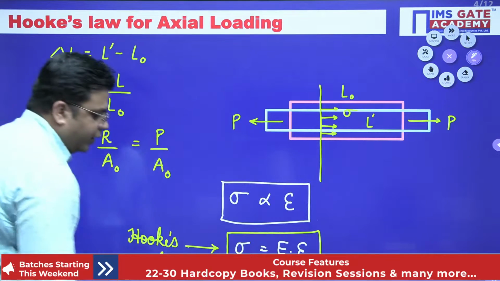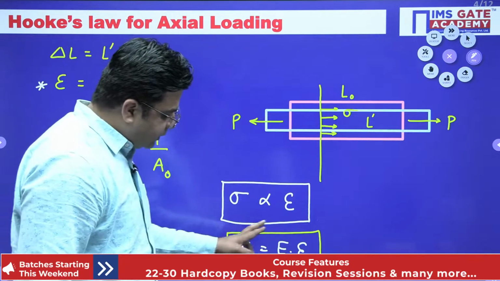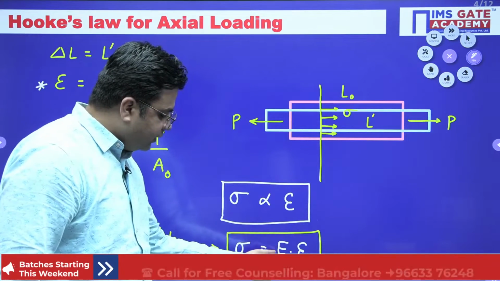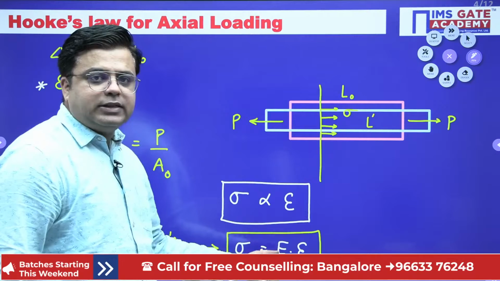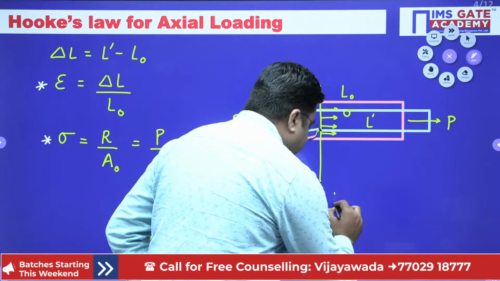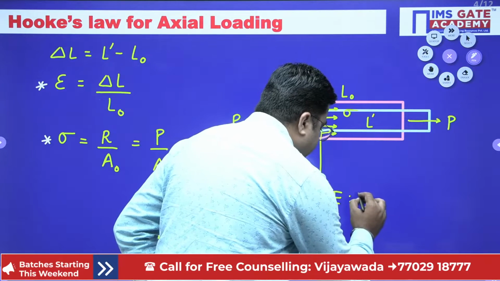Your stress is directly proportional to strain, and removing this proportionality sign, this constant comes, and this constant is known as Young's modulus. This E is termed as Young's modulus.